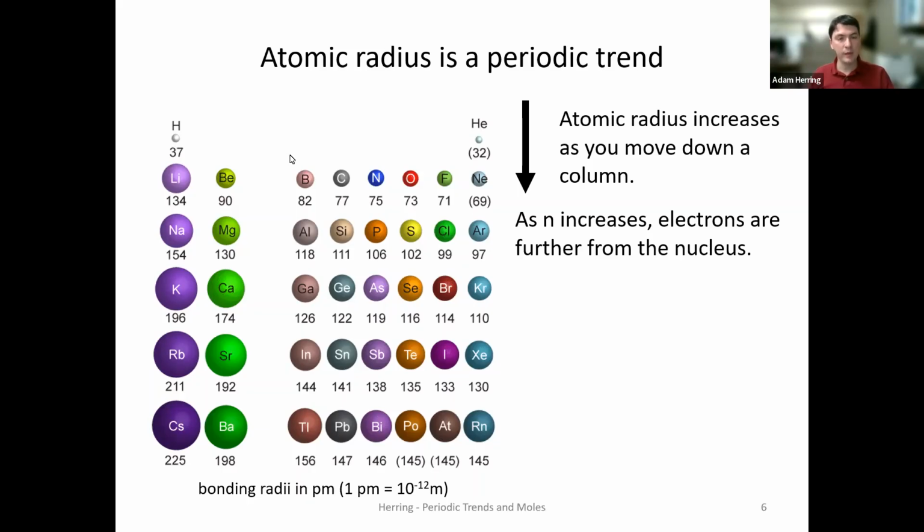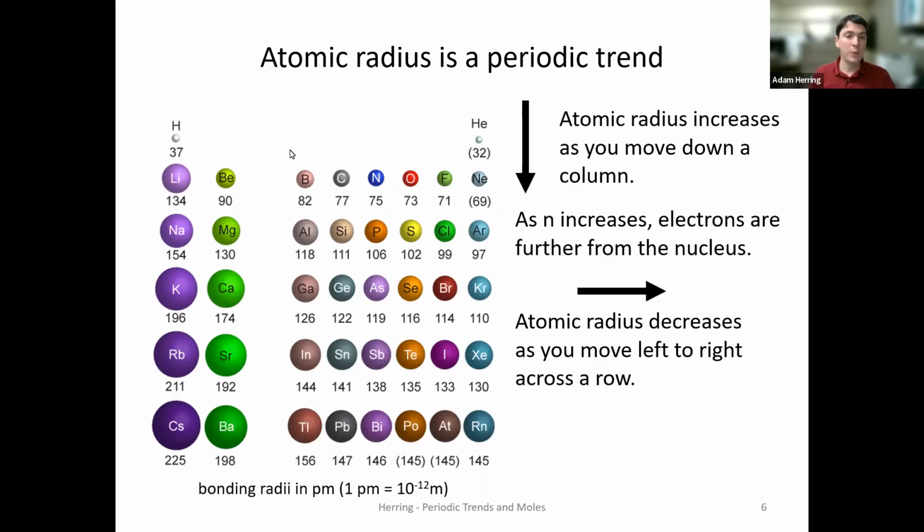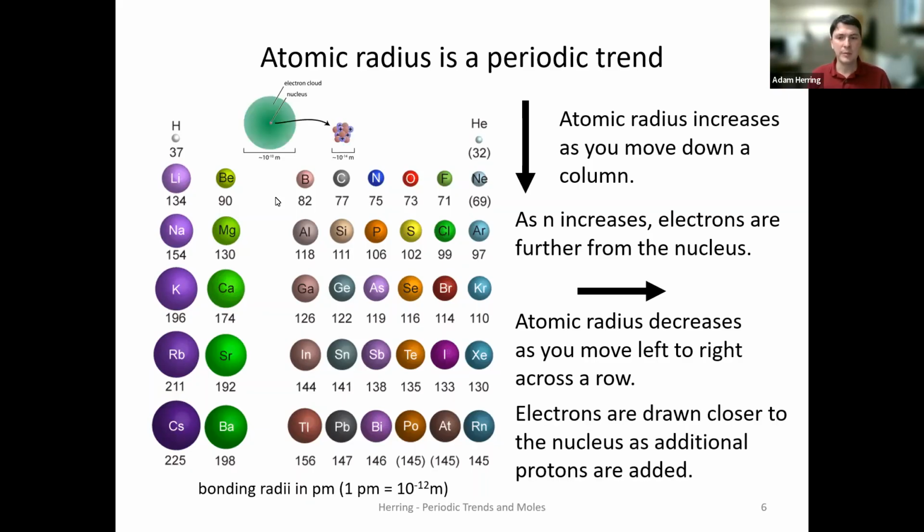Now, as we go from left to right, we see that the atomic radius is always decreasing for these main group elements. The reason for that is because as we are adding additional protons into the nucleus, this pulls the electrons in closer. Remember, when we talked about the structure of an atom, the vast majority of the atom is empty space.